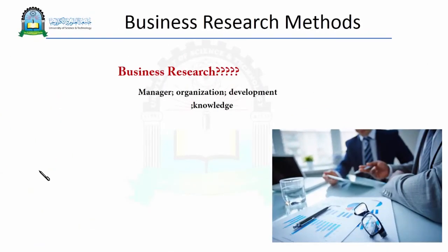So business research, as we have explained earlier, is related to the organization in the sense that it is going to help in the decision making process, and this is very important to be understood. It is not only adding a piece of research work, it is also helping the organization, the CEO or the president of any organization, or the leader in the organization, to make decisions, and it helps them to take good decisions.